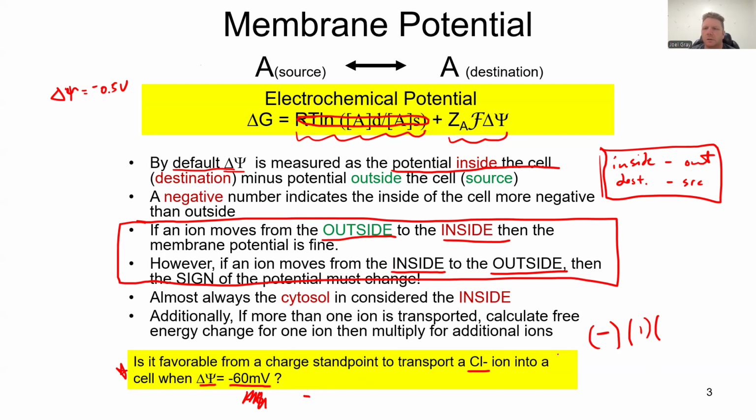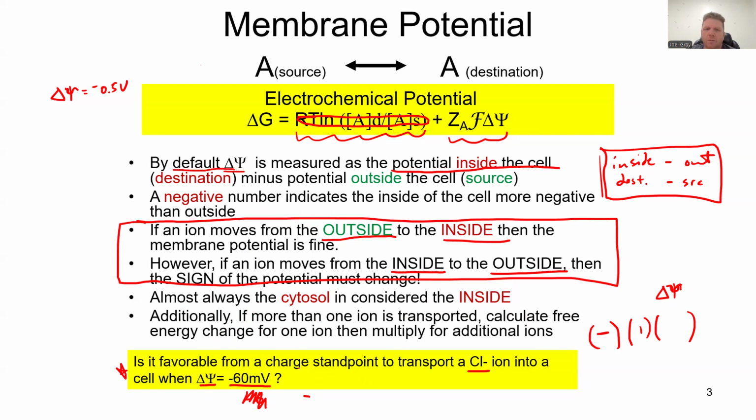The question is, when we go to put it in here, delta psi for this specific question, do we need to change that symbol from negative to positive? Well, before we answer that question, let's look at what is taking place.